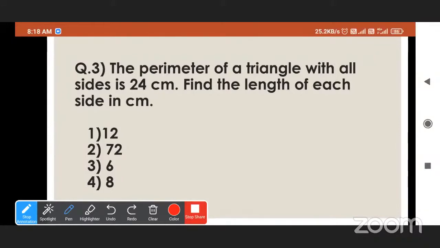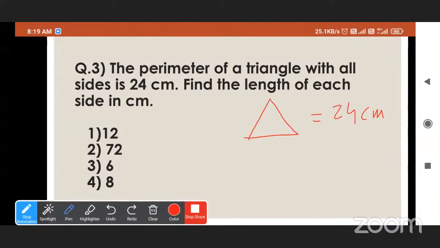All the sides of the triangle must be equal. Here perimeter of this triangle is 24 centimeters. See, the perimeter is given and we have to find out the length of side.